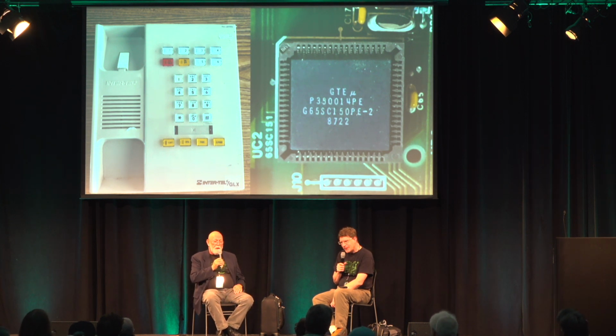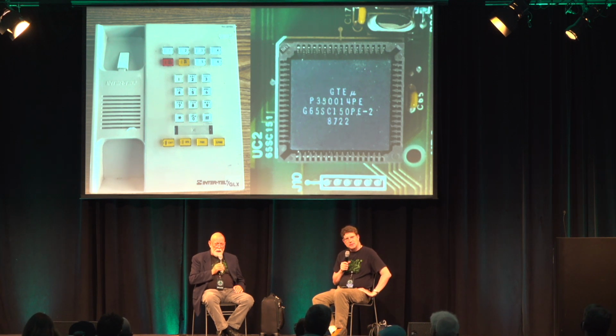That's an Intertel telephone, but this was really what changed my life, and GTE is one of those companies that is just fantastic. I'd have to say, if there's one company that I love more, it's Rockwell. Rockwell's just, anyhow, that's another story.